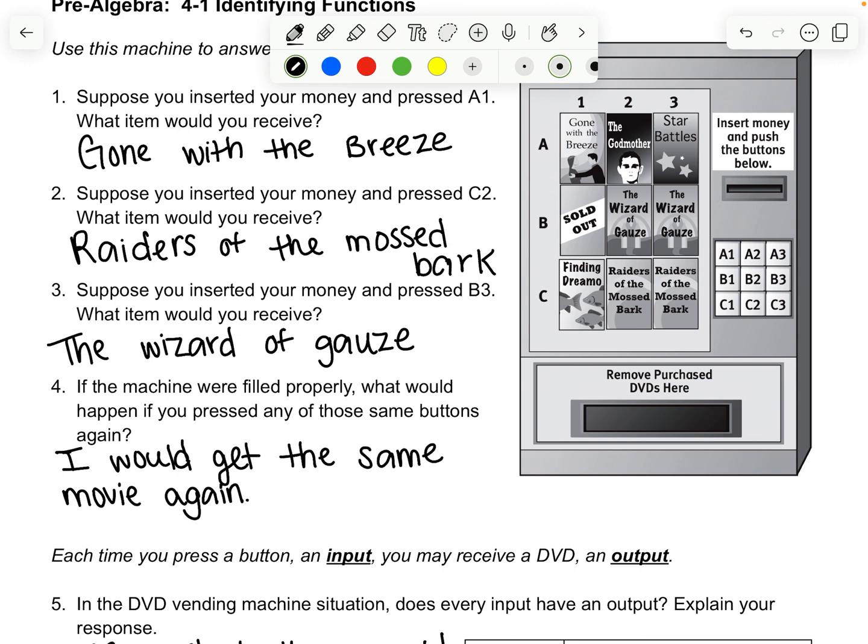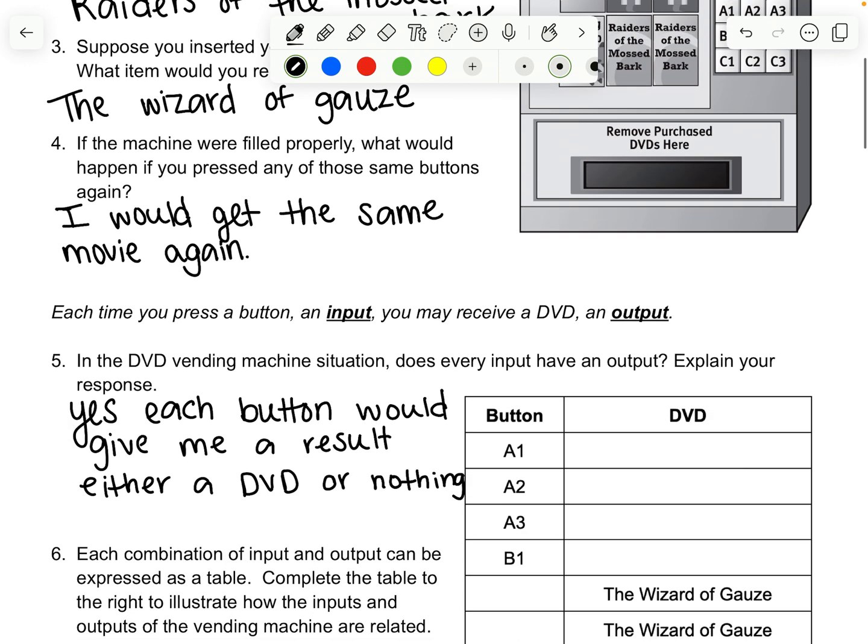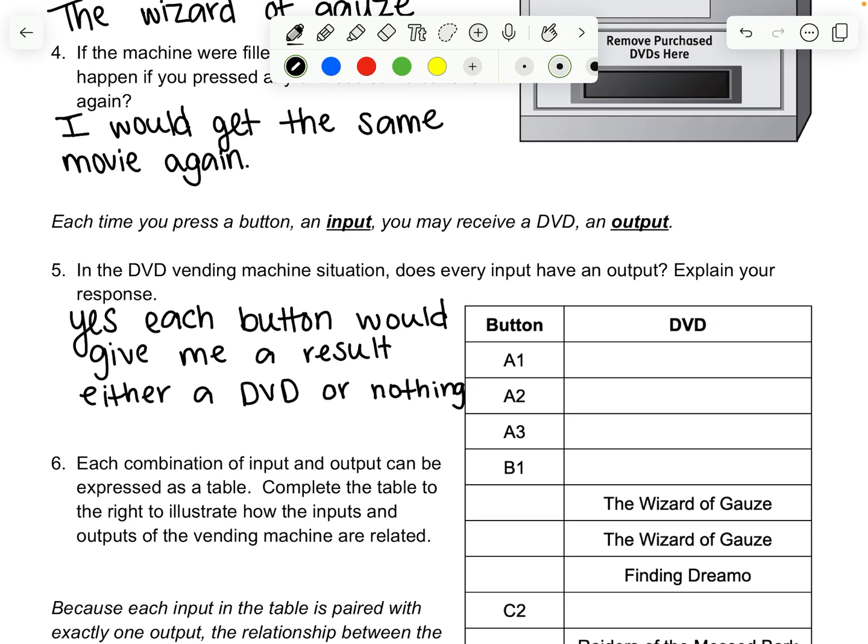For A1, it looks like I would be selecting Gone with the Breeze. For A2, it looks like I would be selecting the movie The Godmother. And for A3, it looks like I would be selecting the movie Star Battles. So I'm going to go down on my table and fill in those 3 DVD options.